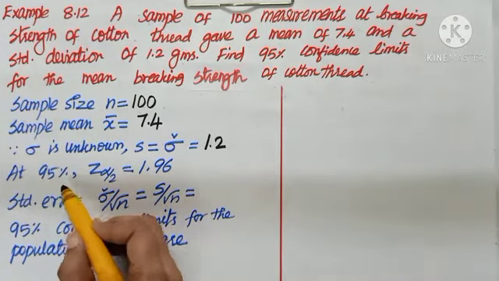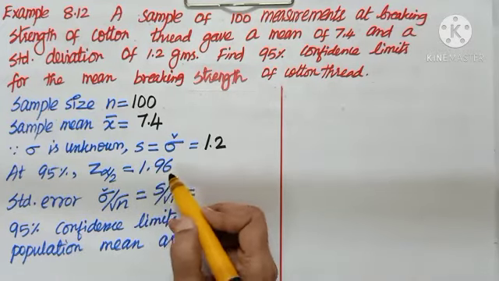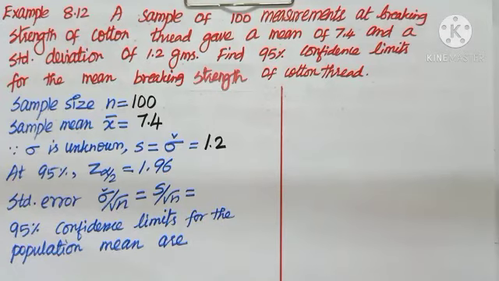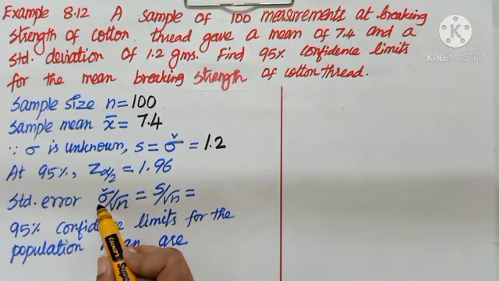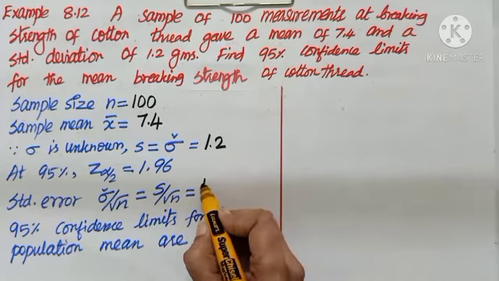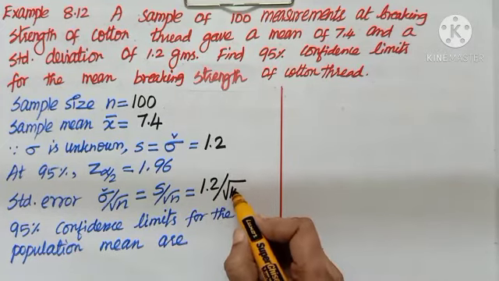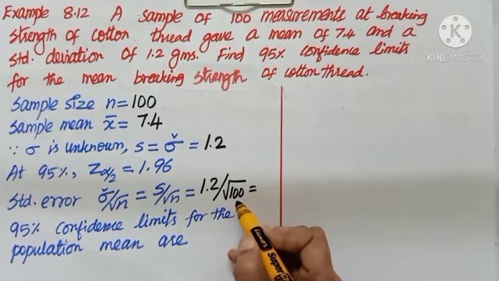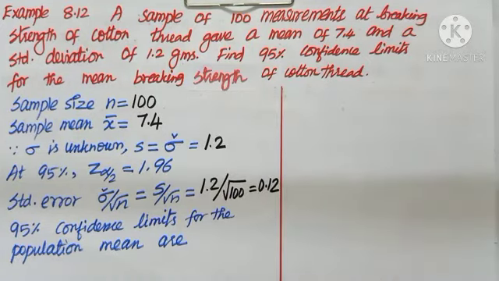At 95%, the value of Z alpha we take 1.96. Standard error we need to calculate. What is standard error? Sigma by root n. Here instead of sigma, we use s. 1.2 divided by root of n value 100. Root 100 is 10. 1.2 by 10 is 0.12.